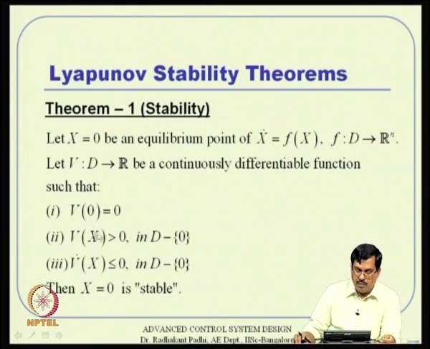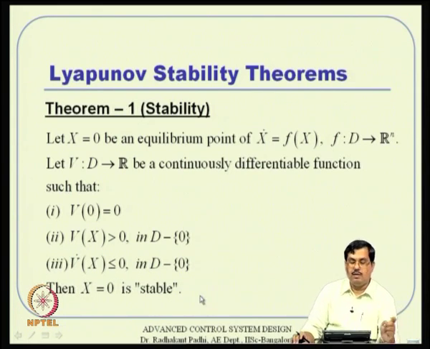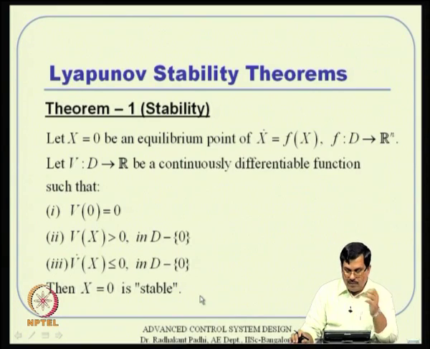So, we start with a positive definite function, and also want to make sure that the rate of change of that positive definite function is less than or equal to 0. It is a negative semi definite function, and if that happens, then x equal to 0 is stable in the weakest notion. Obviously, the weakest notion is something that we typically do not like so much.